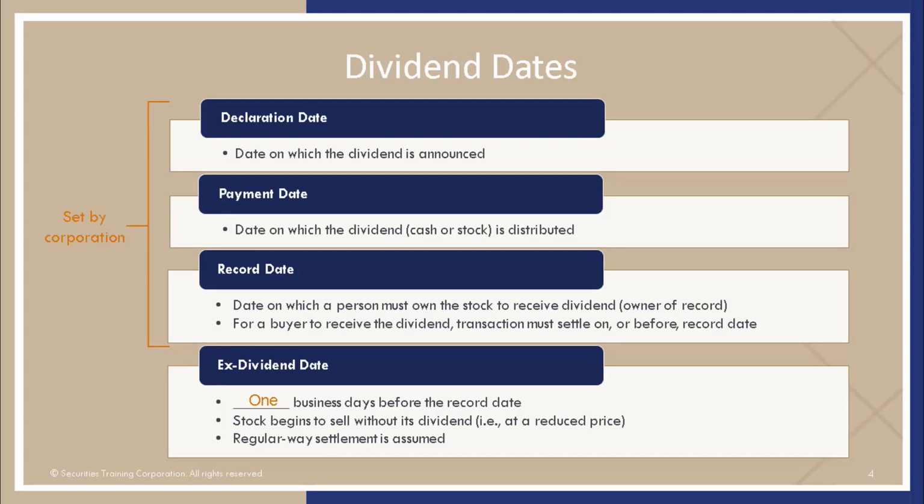And on that day, the ex-dividend date, the stock begins to trade at a reduced price because if I'm buying the stock, I'm not receiving the dividend. So for example, if the stock is currently trading at 40 and the dividend is $1, if I buy the stock on the X date, I'm buying without the dividend, I'm not receiving that $1.